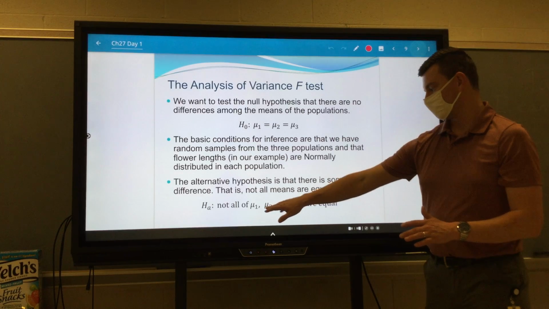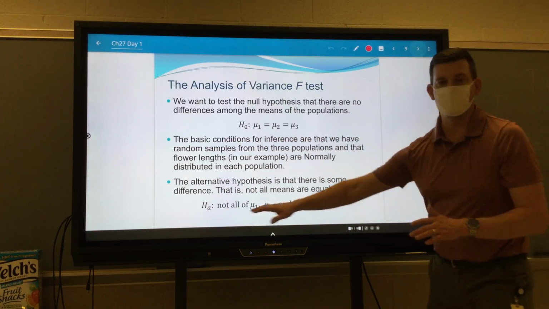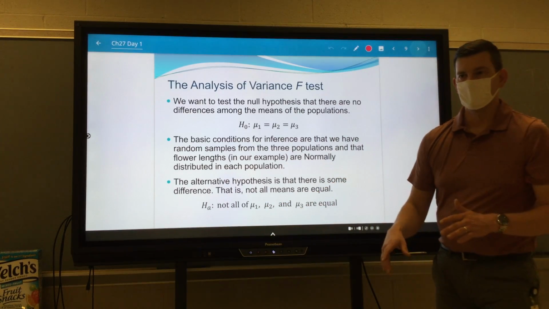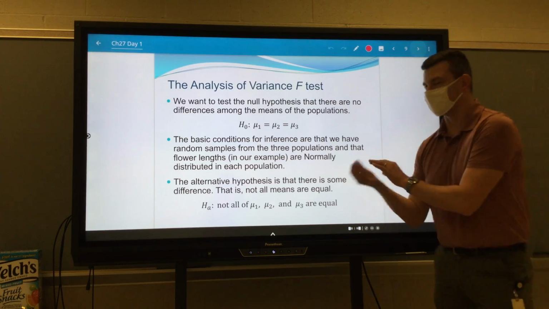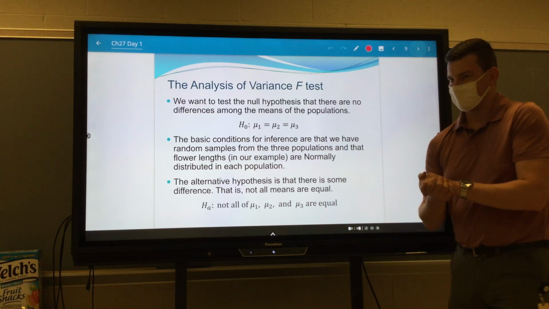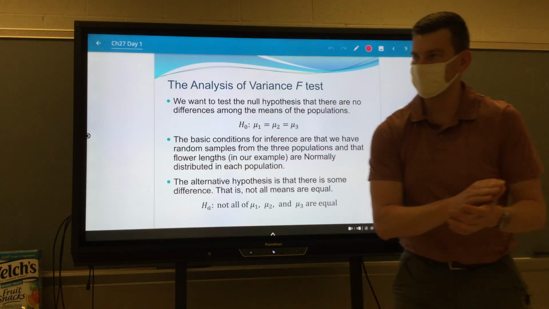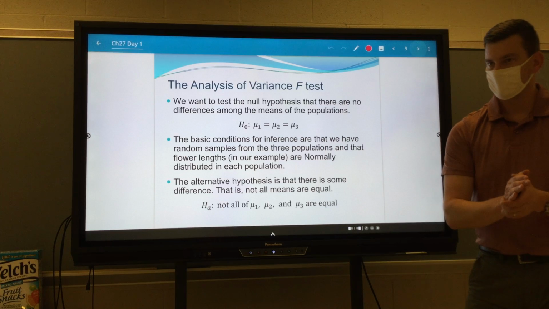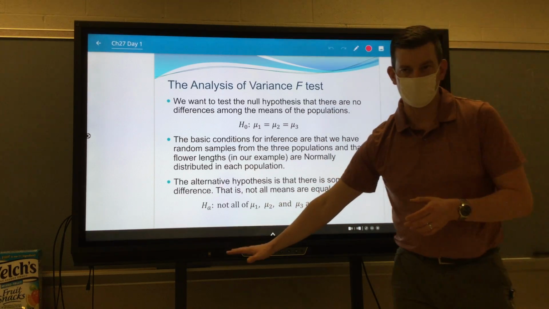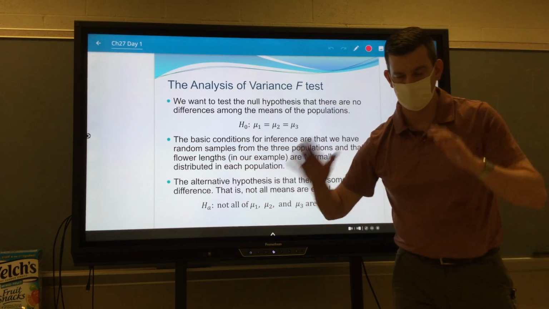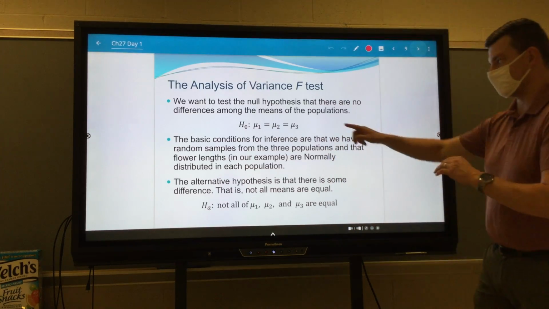Or mu2 and mu3 are equal, but not equal to mu1. It's okay to have some that are the same. But if one is not the same as all of the others, then that's the alternative hypothesis here. Okay? So think about that for a second.